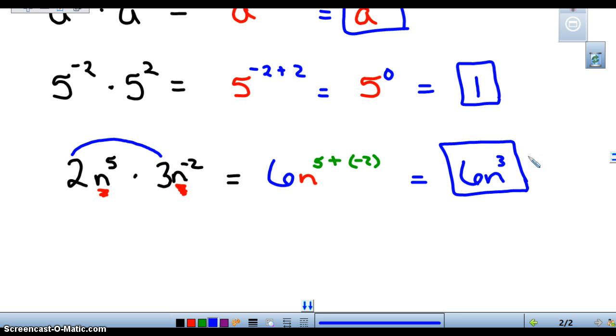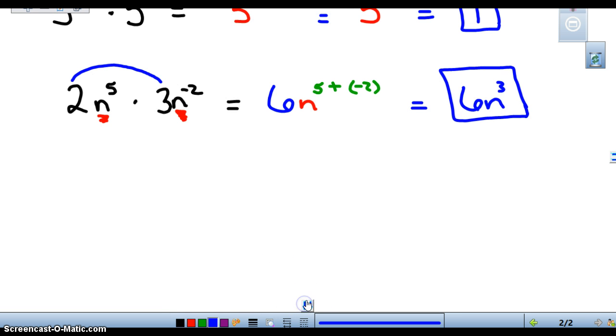Let's try this again. We cannot simplify 6n cubed anymore because we don't know what n equals. Let's try this next one.